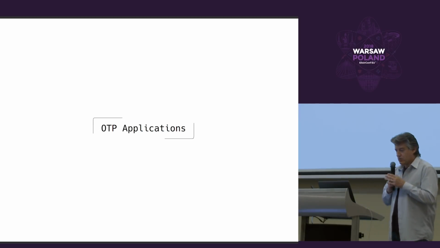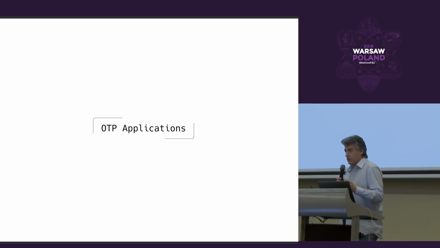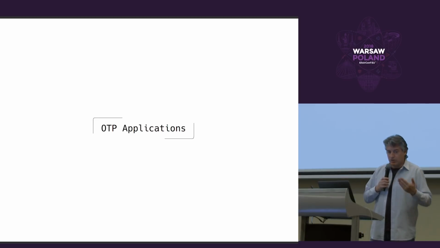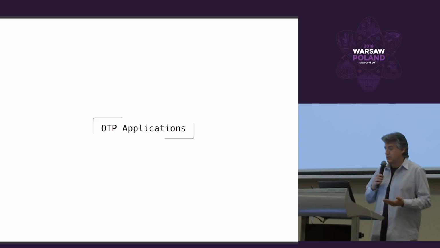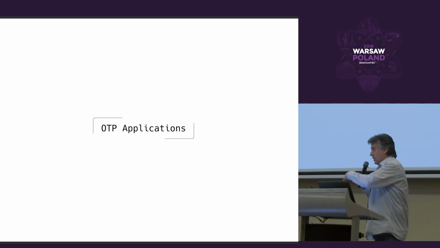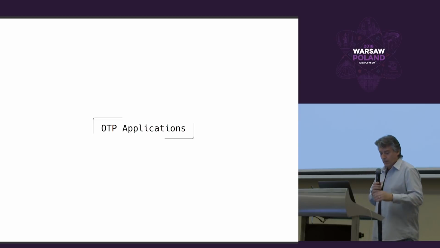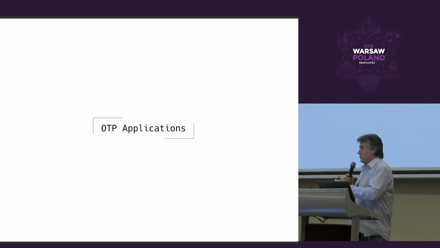Okay, so let's go with OTP applications. When you learn Elixir or Erlang, you start learning the programming language, and then soon you realize that there's a layer on top of that, called OTP, okay? The normal path to OTP is through GenServer and Supervisor, some modules, all right?